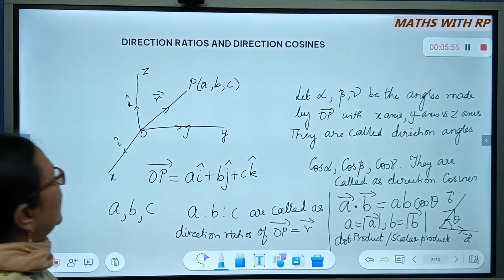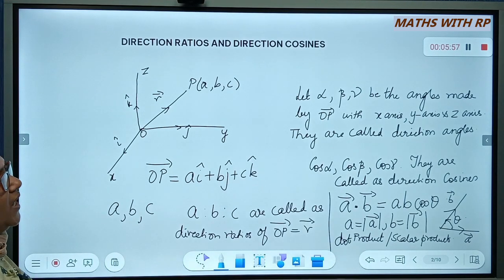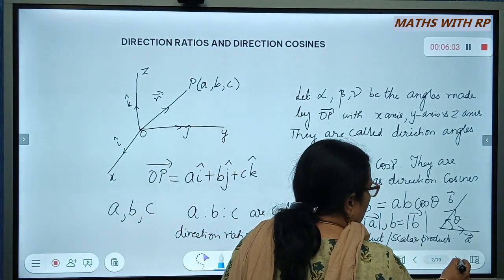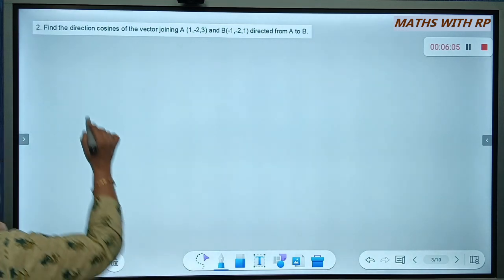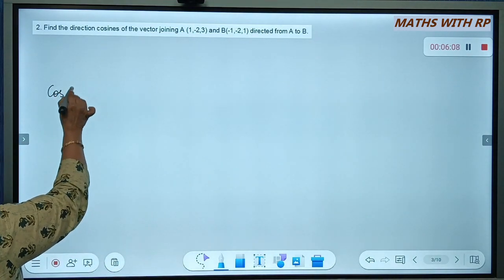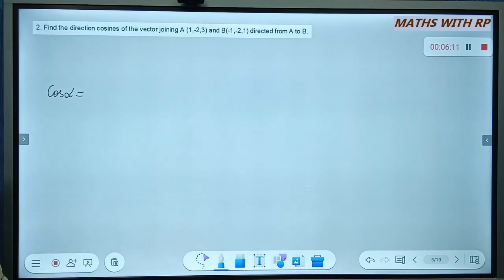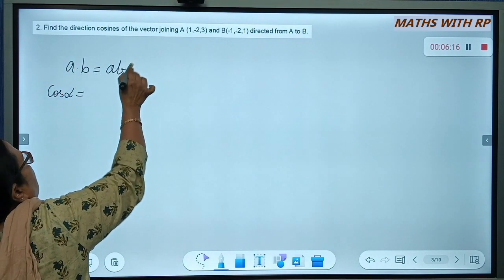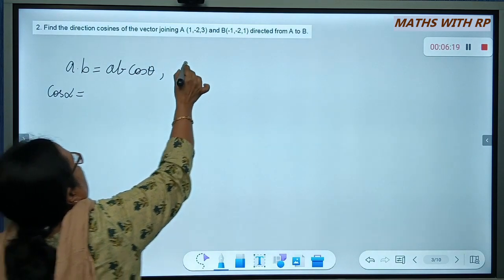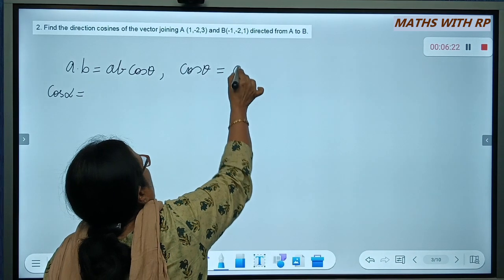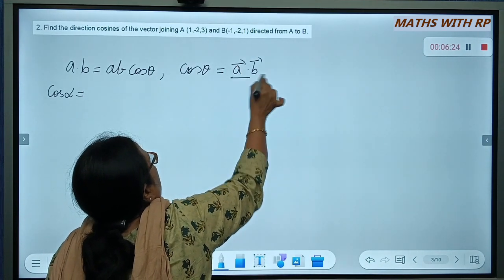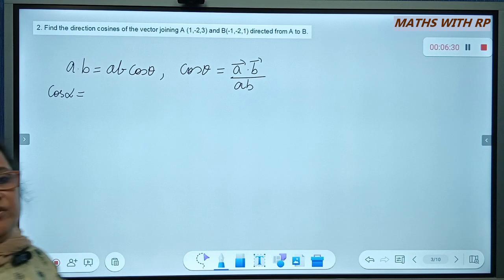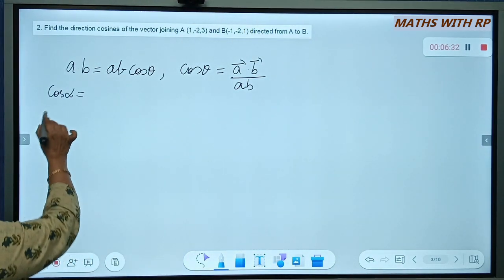Okay, so now we have taken alpha, beta, gamma to be the angles made by OP vector with x, y and z direction. So what will be cos alpha? Even before we do this sum, we have to understand what cos alpha is. You know, if A dot B is AB cos theta, then cos theta equals A dot B by AB, where A and B are the lengths of the vectors A and B, or the magnitudes of the vectors A and B. Now, what is alpha?